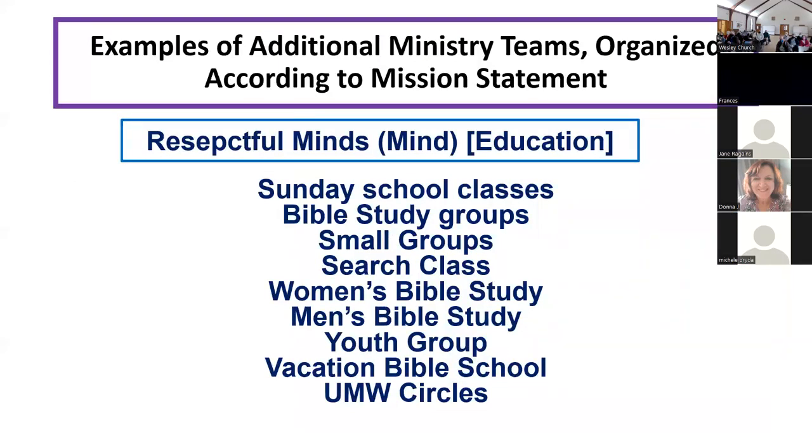Okay, so what we've done here is list out, if we did ministry teams, how we might organize them according to our mission statement. And then, kind of to Gigi's point, we could perhaps have someone who stays in touch with all of these groups, because we have four areas of our mission statement.